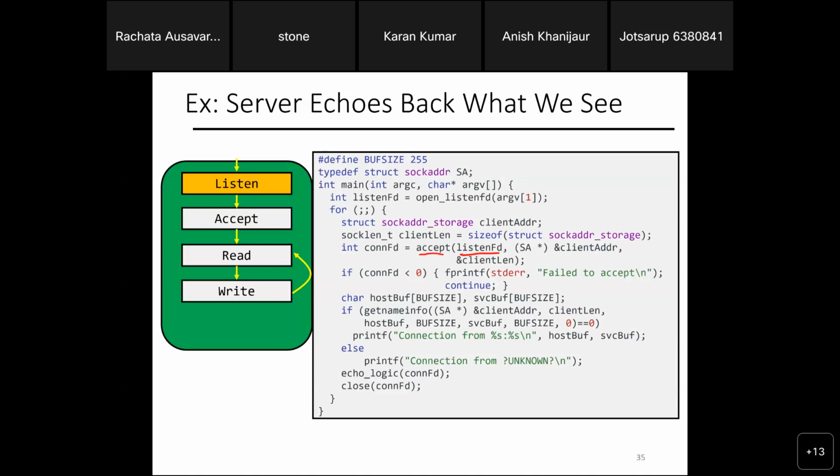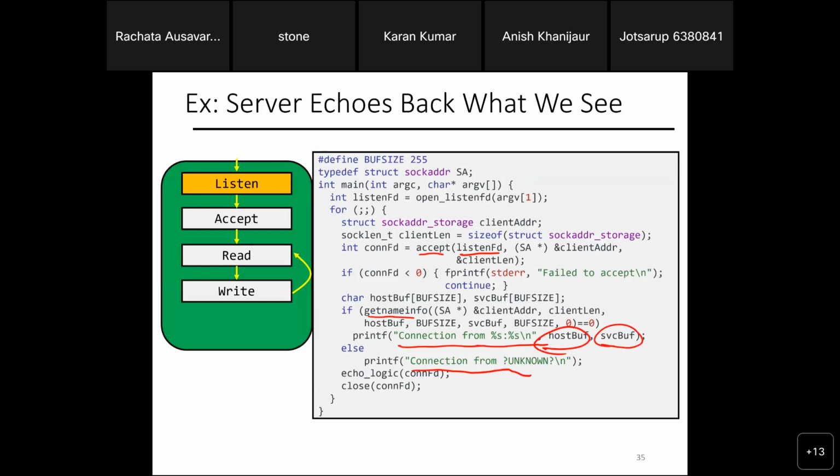Then, when I want to listen, the first thing maybe I want to say is "connection from" to get the host name information. I can do getnameinfo to get the host name information, which I can print as the host name with the port.